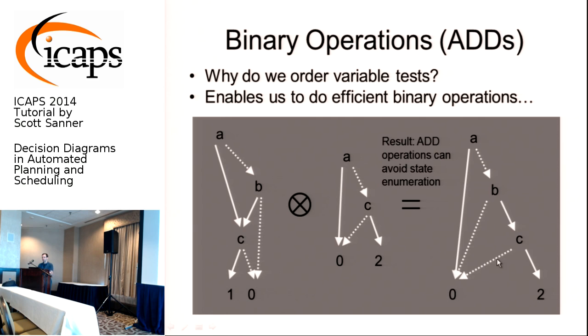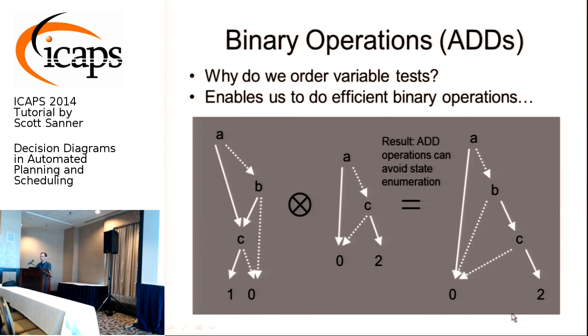Now the question for thought is, what's the complexity of this operation? What's the worst case running time for this multiplication operation? Assume I have m nodes in the first operand, and n nodes in the second operand.